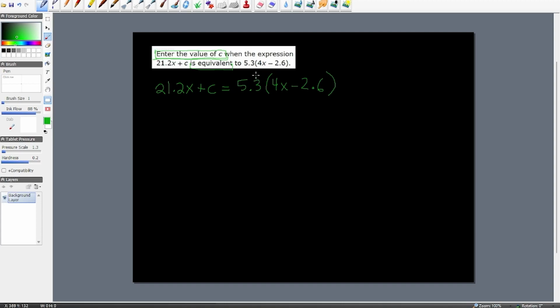Now looking at this, I know I can definitely simplify this side by multiplying 5.3 times each of these terms. I can distribute this. So this side's going to be unchanged.